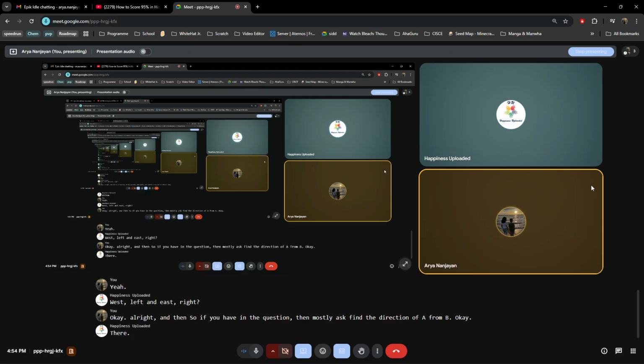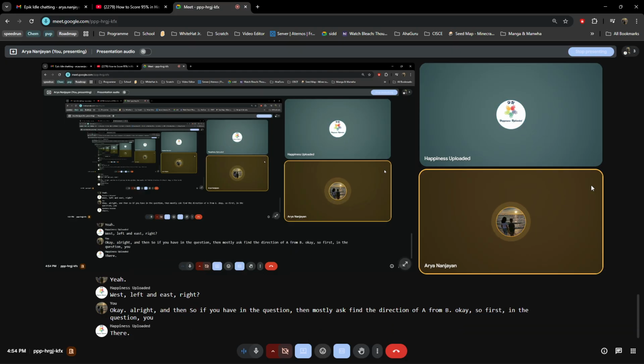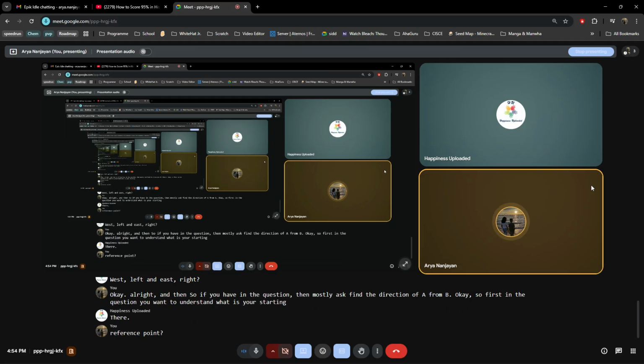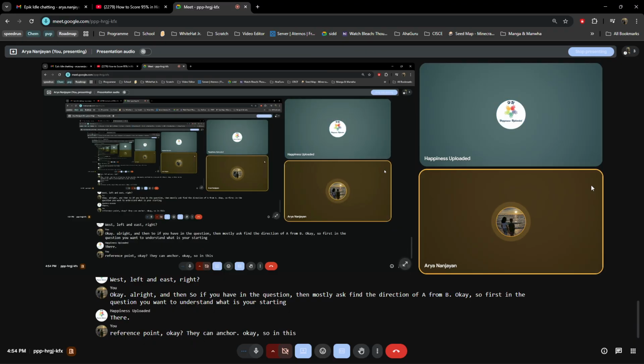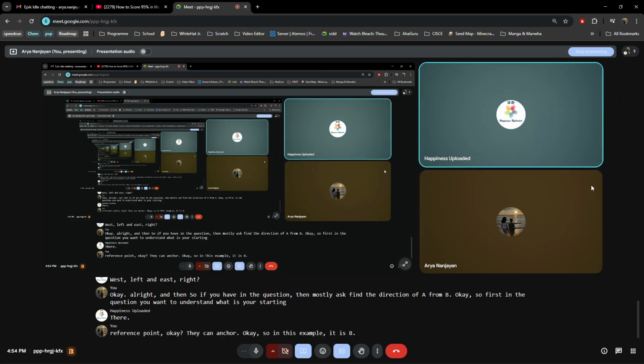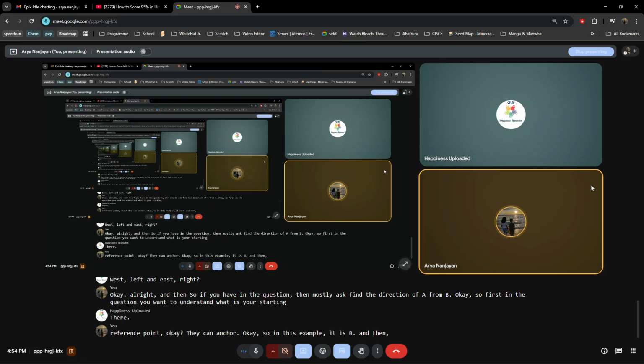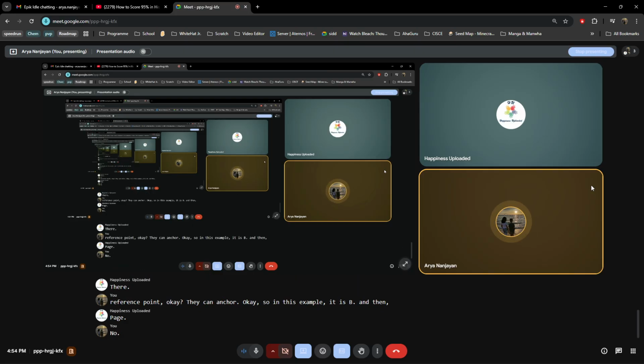So first in the question, you want to understand what is your starting reference point, like an anchor. So in this example, it is B. I'm just explaining.